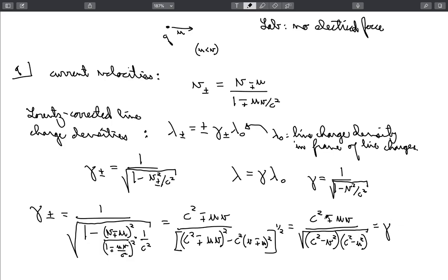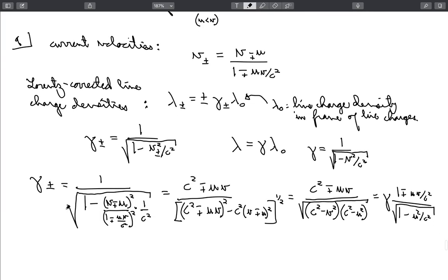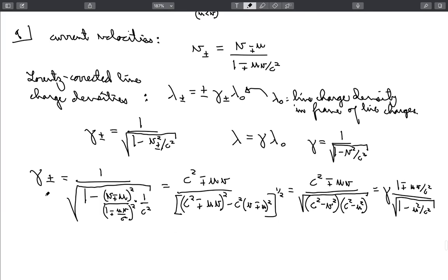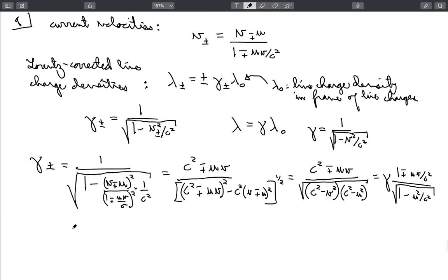Then besides the gamma, I'm left dividing by the c squared overall, left with the 1 minus or plus uv over c squared divided by the 1 minus u squared over c squared in the square root. Okay, so that's the result for my Lorentz contraction factors for the two parts of the moving current.